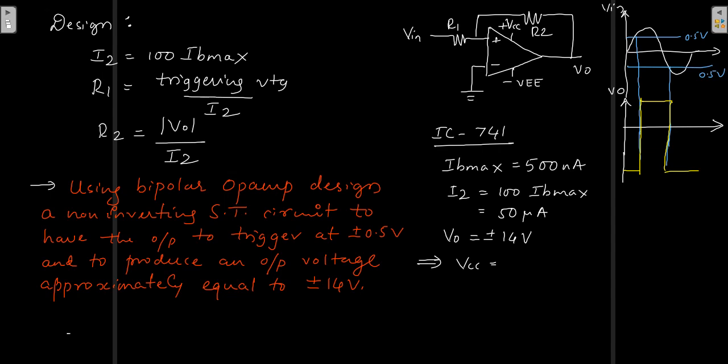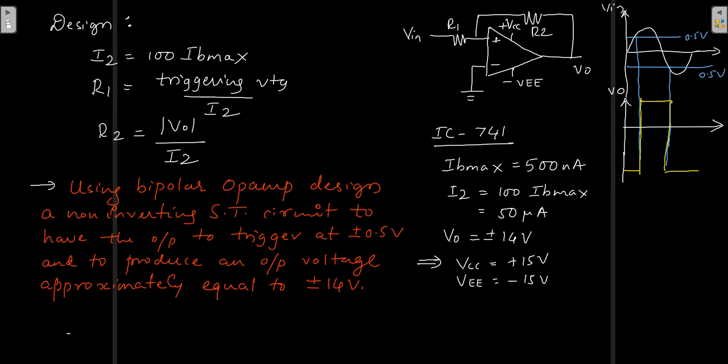It is 15 volts, because your V0 is VCC minus 1. So VCC should be V0 plus 1. Therefore it is plus 15 volts, and VEE is minus 15 volts.